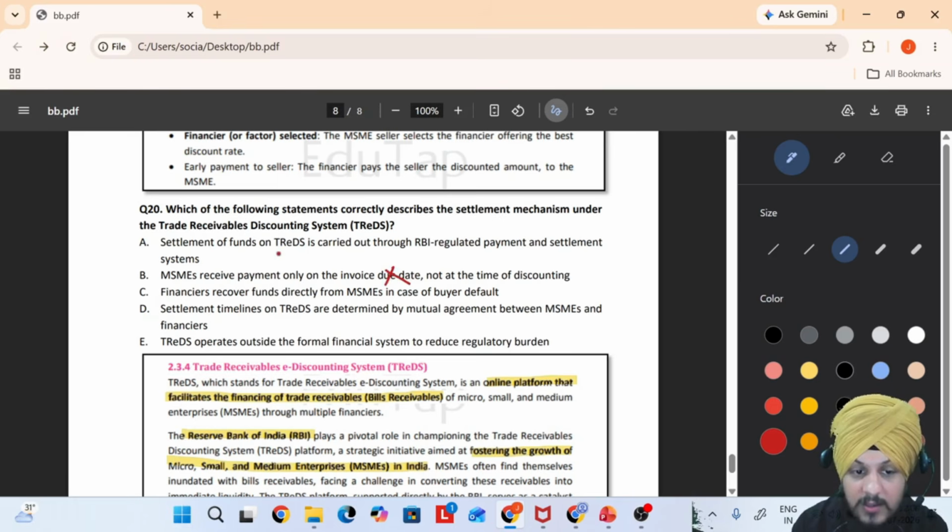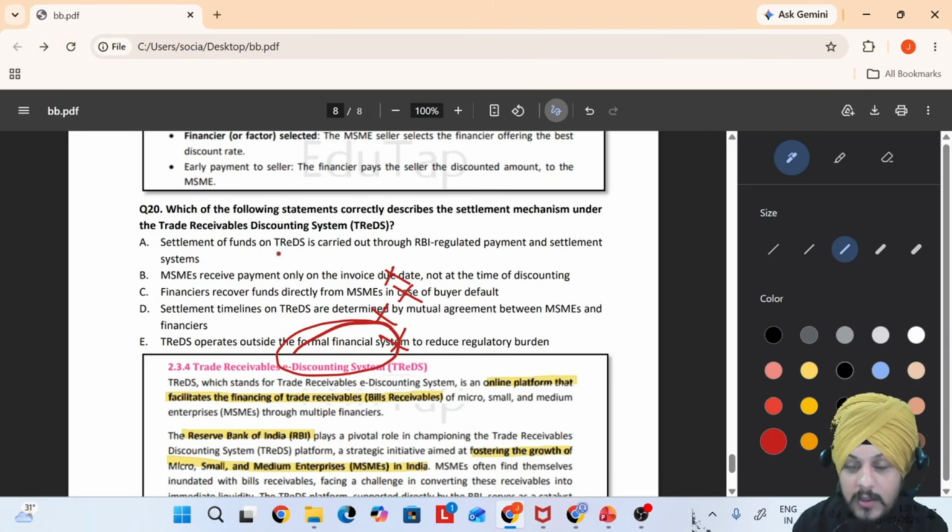Financiers recover funds directly from MSMEs in case of buyer's default. This is again not correct. Settlement timelines on TReDS are determined by mutual agreement between MSMEs and financiers. This is again not true. And TReDS operates outside the formal financial system to reduce regulatory burden. This is completely untrue because we know it is a part of the formal financial system.